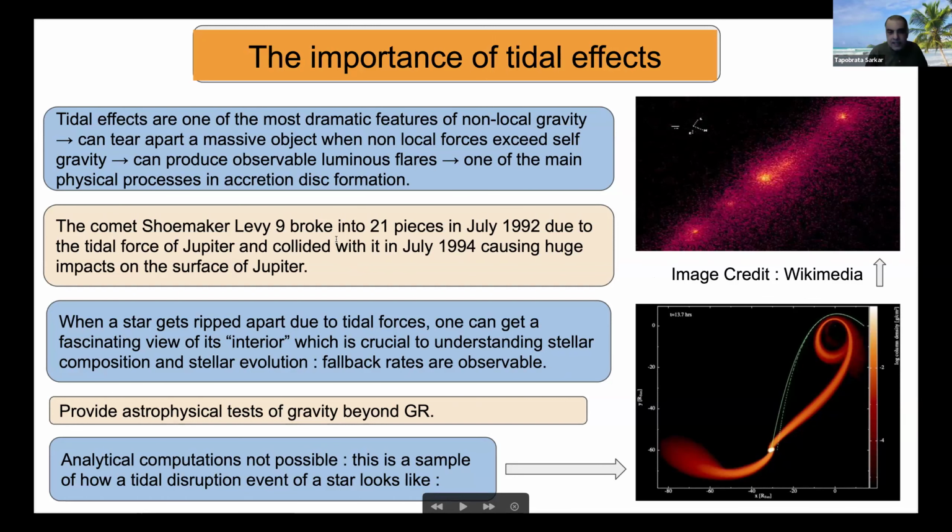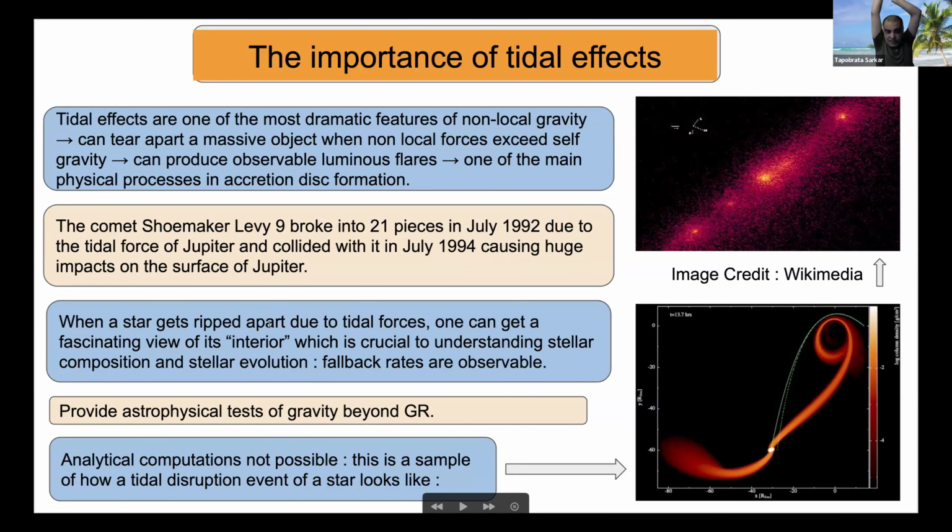In fact, it is said that the energy of collision of one such piece is probably about 100 times the total nuclear arsenal that we have in the world today. Such was the impact of these tidal interactions, and you can see some very nice images of it getting ripped apart.